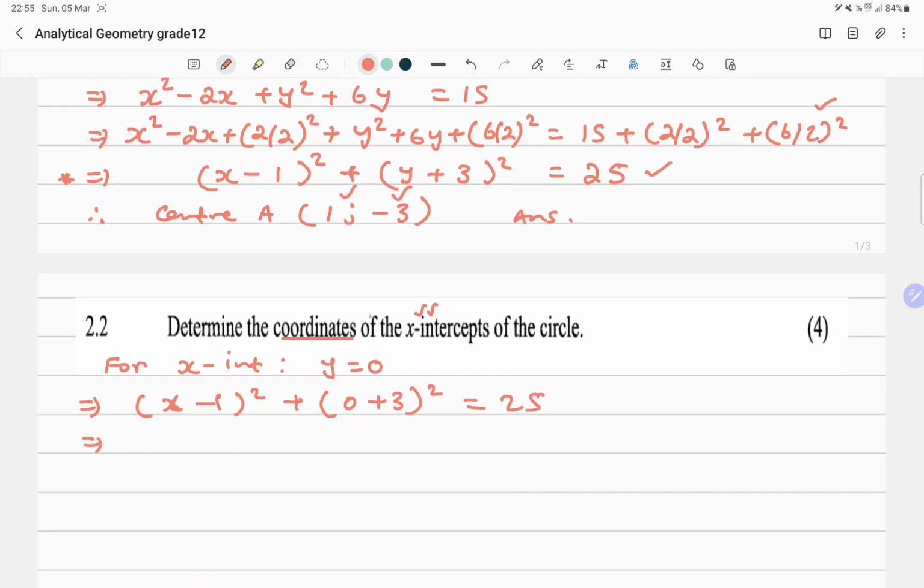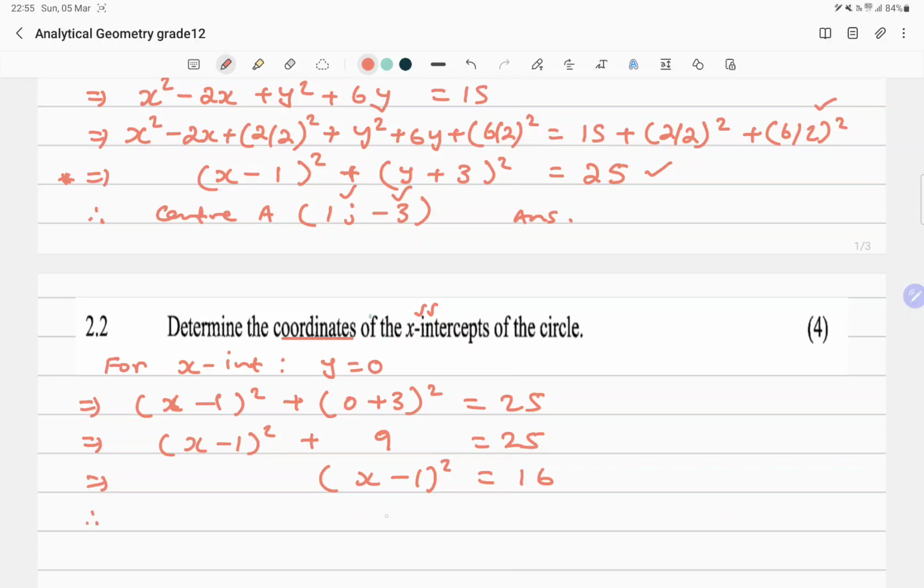And then we solve further, getting x minus 1 all squared plus 9 equals 25. All right, not a problem, which also implies with transpose 9, we get x minus 1 all squared equals 9 minus 25 is 16. And we can tell that these are perfect squares, so we can take the square root sign on each side.